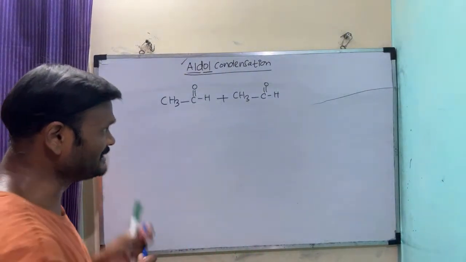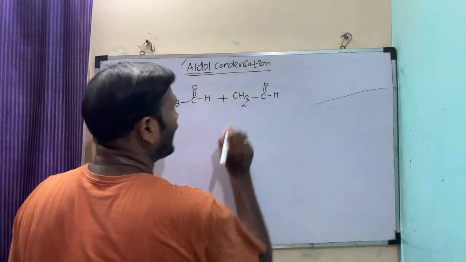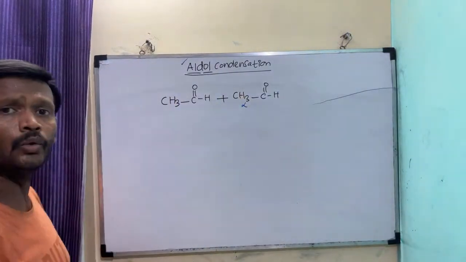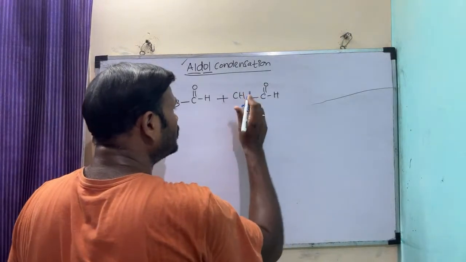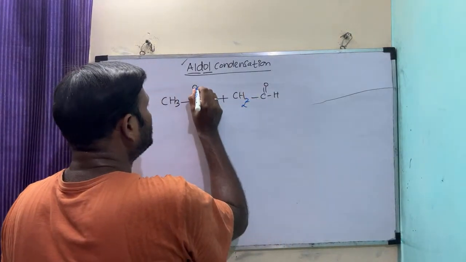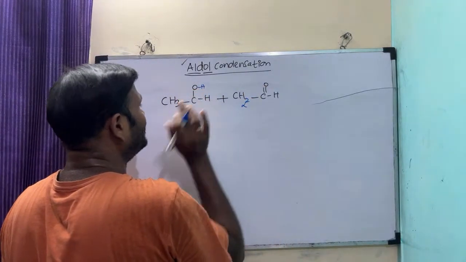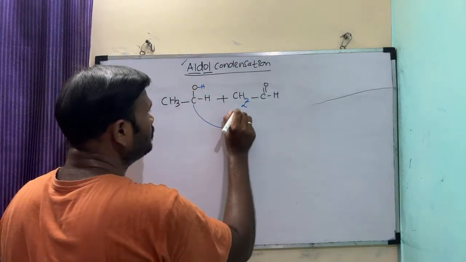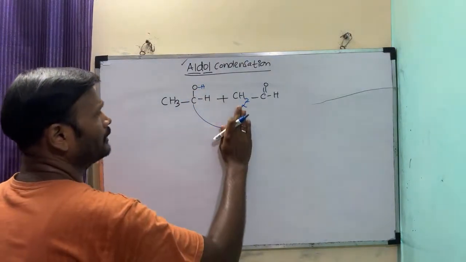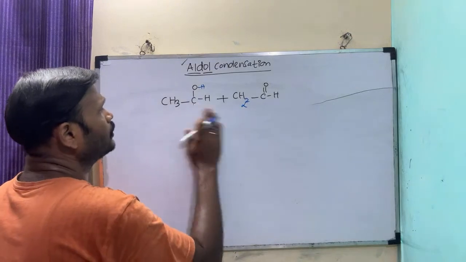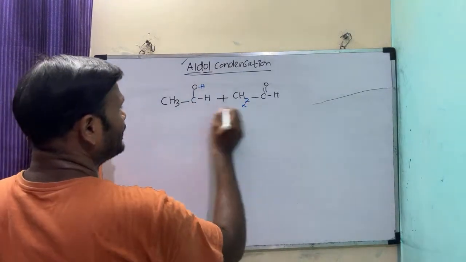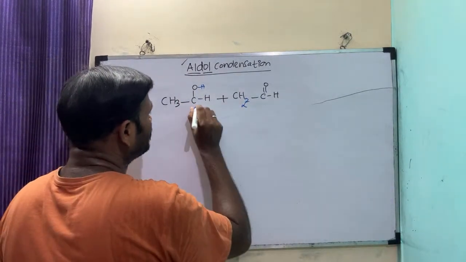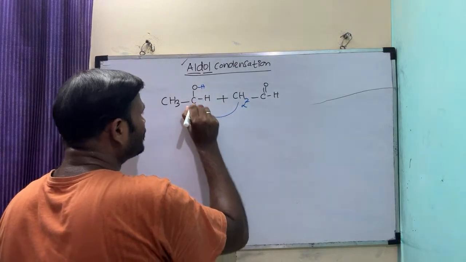What is that? Just remove an alpha hydrogen from one molecule and transfer this molecule into here. That hydrogen will be added here, and the entire group will come and add here. You can see this CH2 minus will come and approach here.